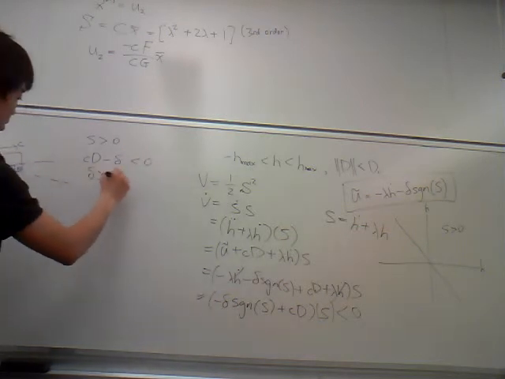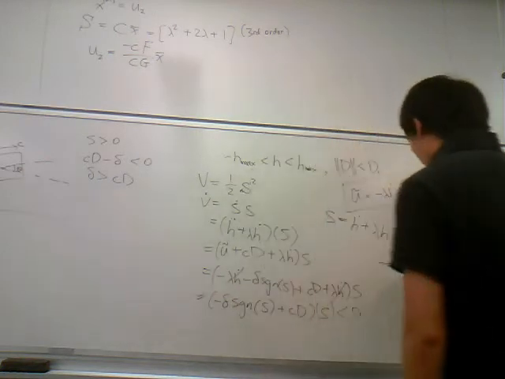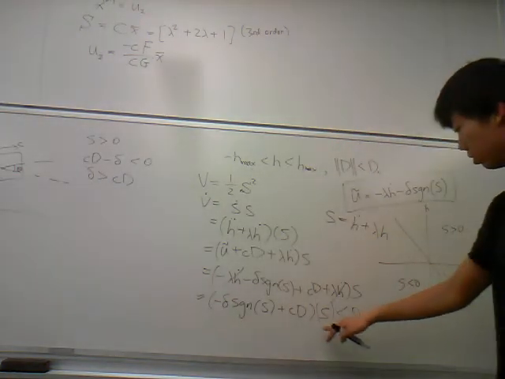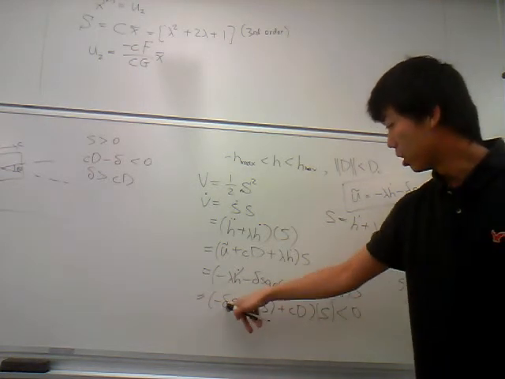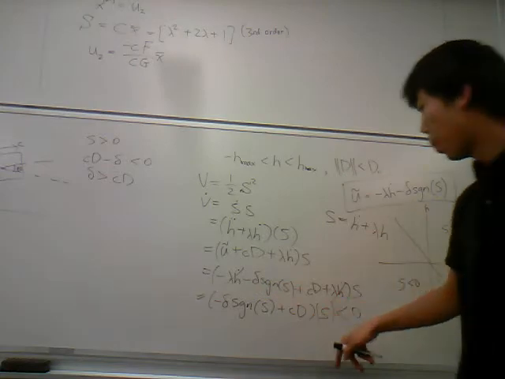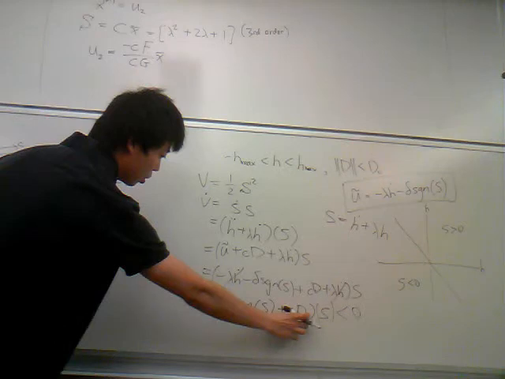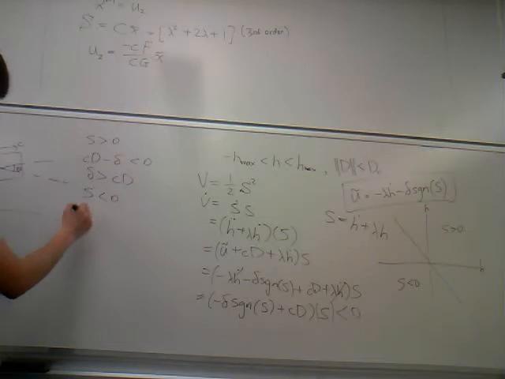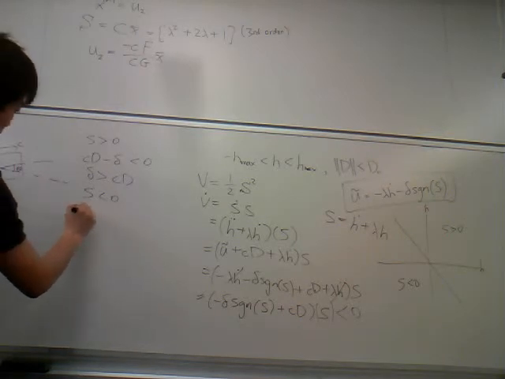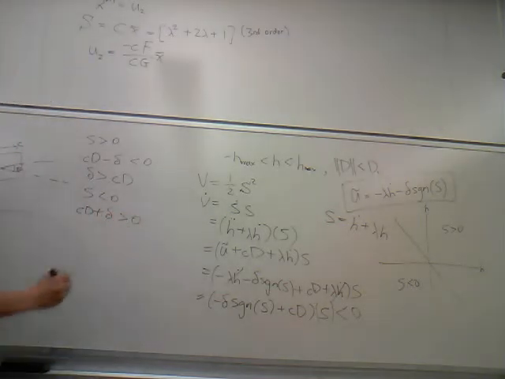So our delta greater than C. And when S is negative, this is now negative, and this whole thing is now plus delta. So S is negative, that means we want this term to be positive. So when S is less than 0, we got Cd plus delta greater than 0.